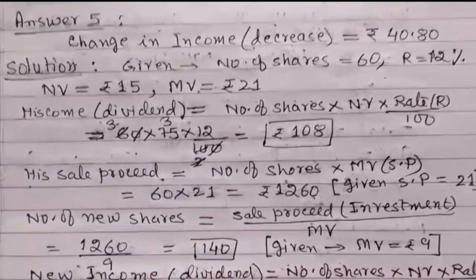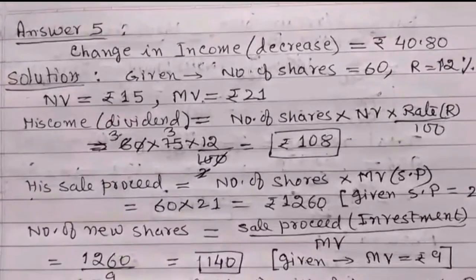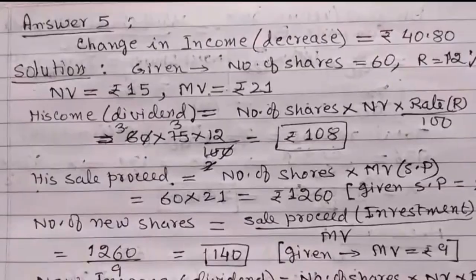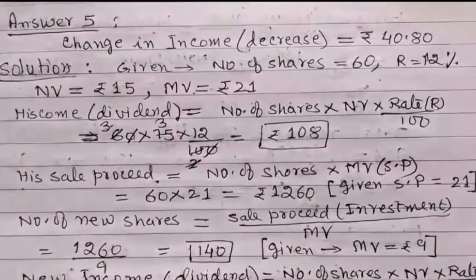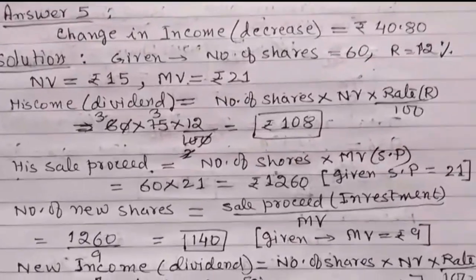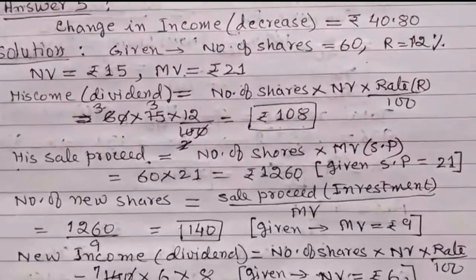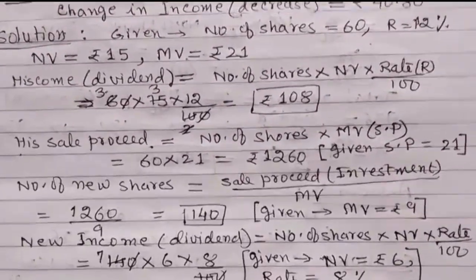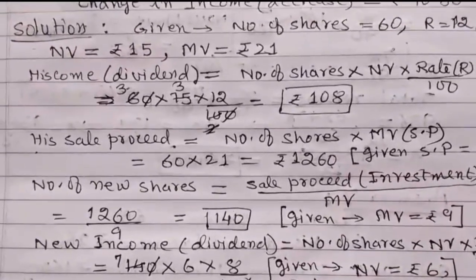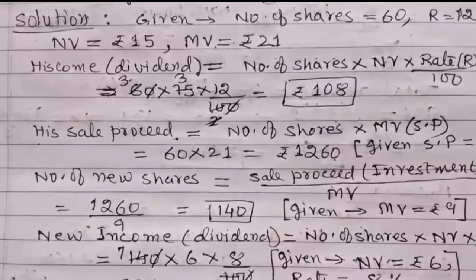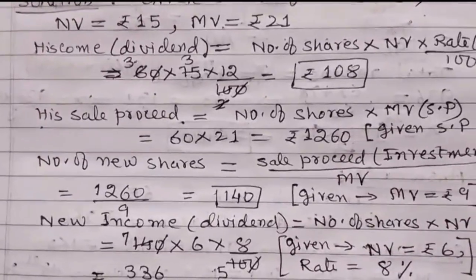It's given a man has 60 shares of nominal value rupees 15 and rate of dividend 12%. He sells the shares at rupees 21 and invests his sale proceeds in another share whose market value is rupees 9, nominal value is rupees 6 and rate of dividend 8%.